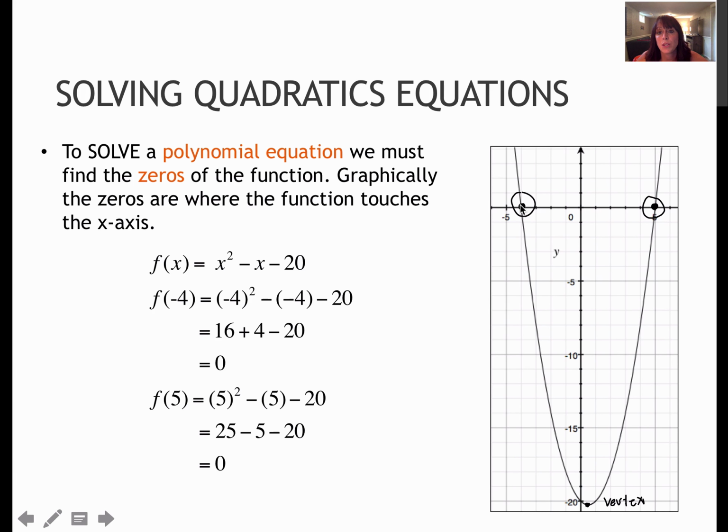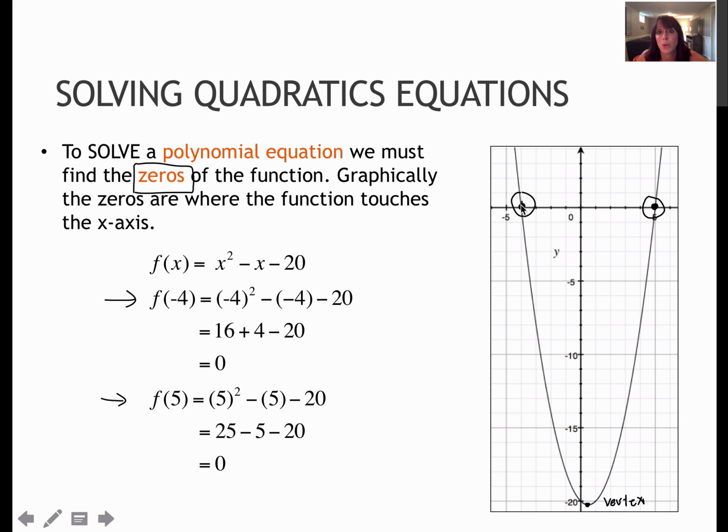Notice at these 2 points, if I plug in -4 and if I plug in +5, as I did over here, into this function, that 0 comes out. So the zeros, or the solutions to a quadratic, are the x values that I would plug in to make 0 come out for a y value. Now, if I'm looking at a graph, that's very easy.